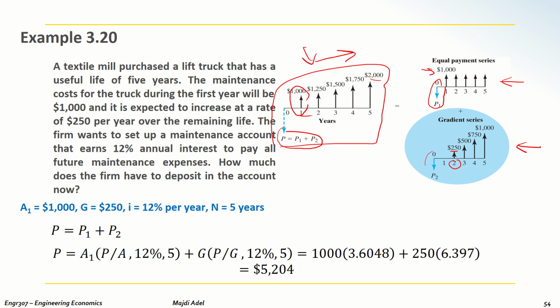So for B1, calculate B given A, I, N. For the gradient cash flow, calculate B given G, I, N. 1000 multiplied by 3.6048 plus 250 multiplied by 6.397. هاي الفاكتورز نجيبهم من الانترست تيبلز على 12% و5 سنين. It's going to be $5,204.